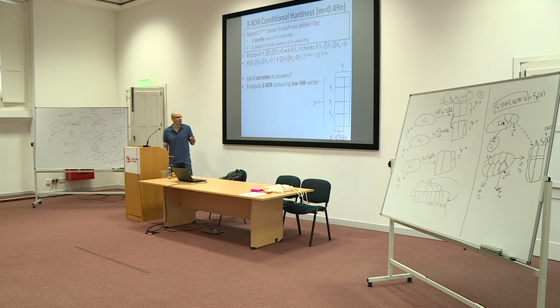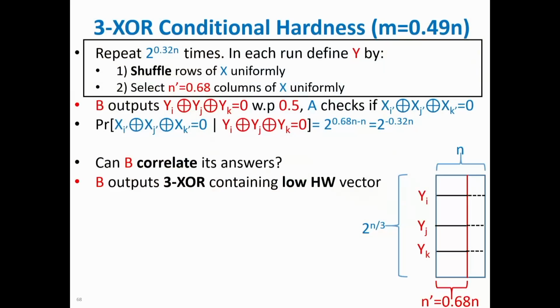the answers of B would also be correlated for different runs, because if you have 3 vectors in the big matrix that happen to be, not necessarily k-XORs, but kind of close to being a k-XOR, and you look at their truncations at random places, then they most likely will be a k-XOR in the dense instance, and they have a higher probability of being output.